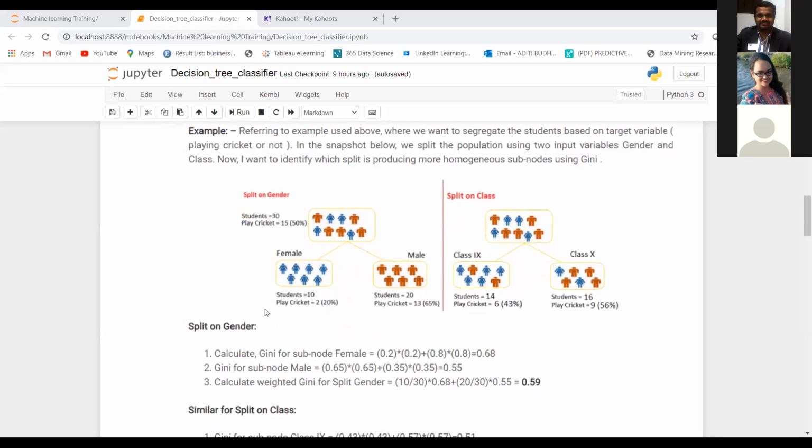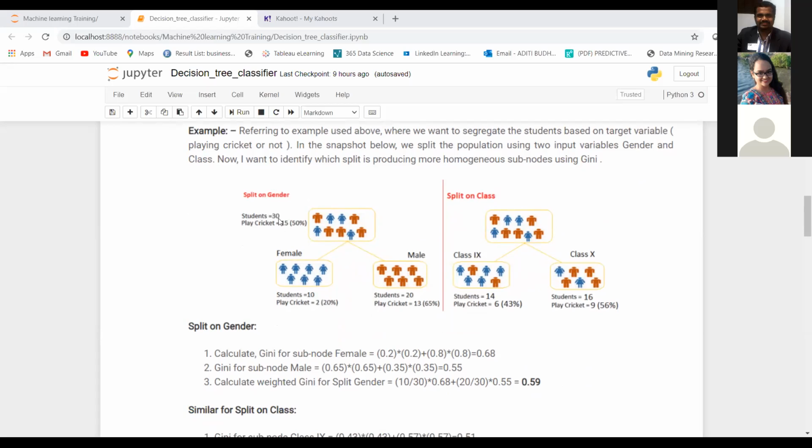So let us understand this by seeing an example. Let us say that we split our data based on gender. In our data set we have 30 students, and out of these 30 students, 15 play cricket.